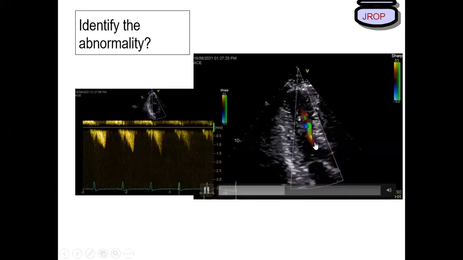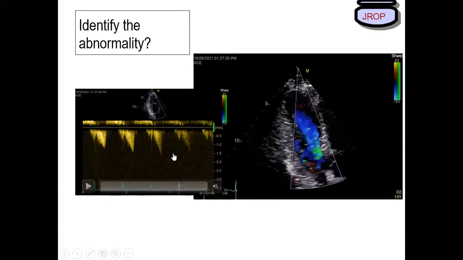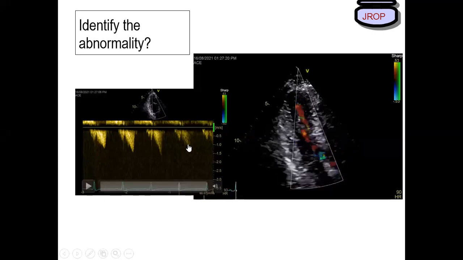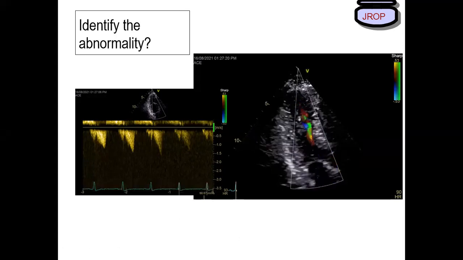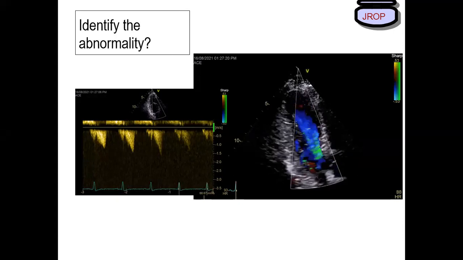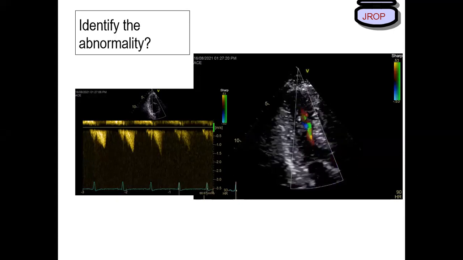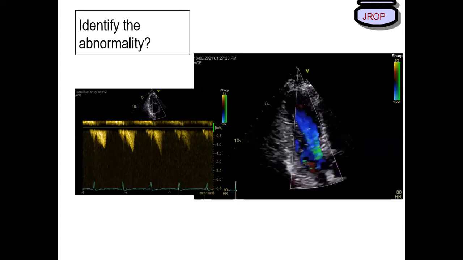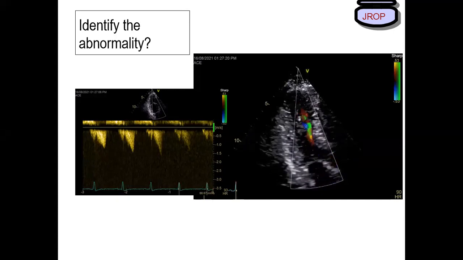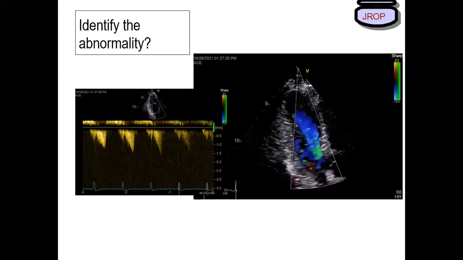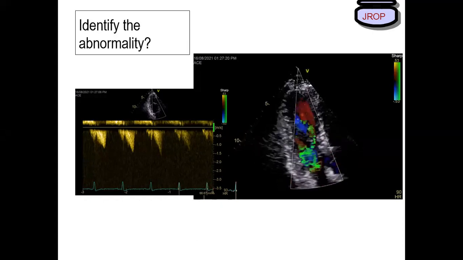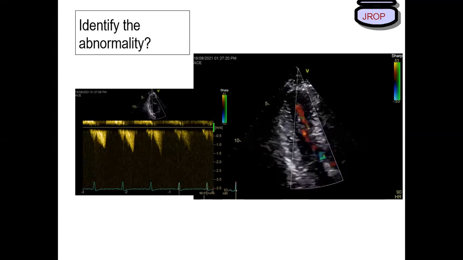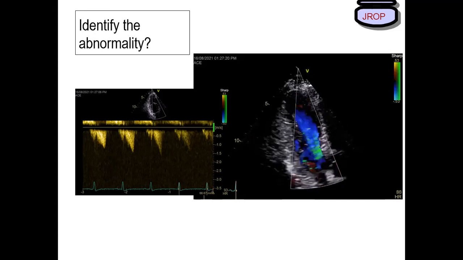When we put a continuous wave Doppler across it, we are getting a gradient of only 1.5, which corresponds to 15 millimeters of mercury. So this is a classical example where the patient does not have any illness, and it's like overuse of diuretics and other things, which is making it like this. Good, Nida.